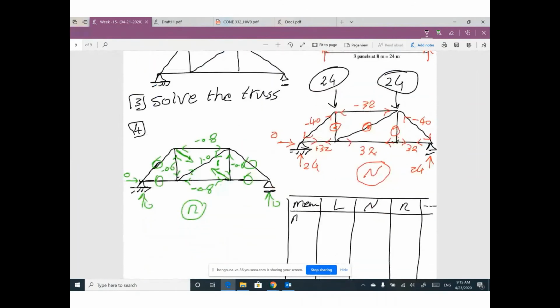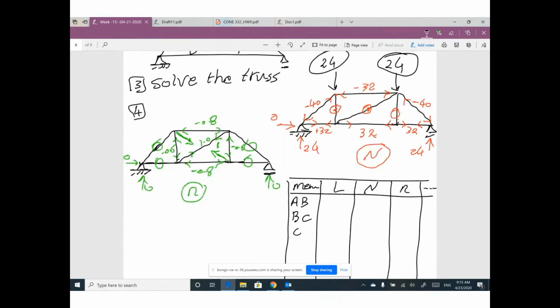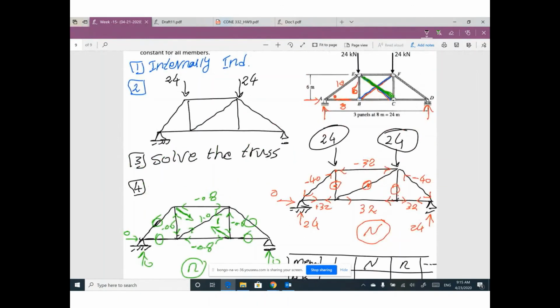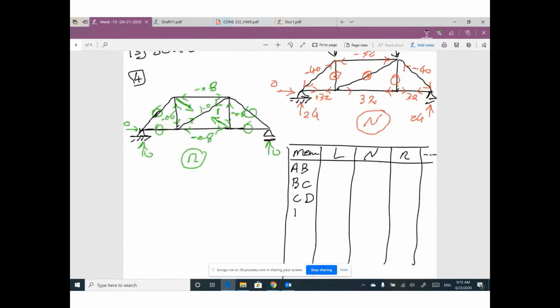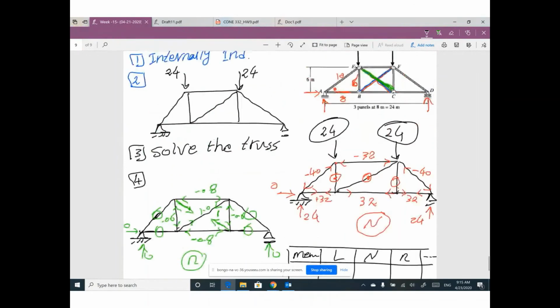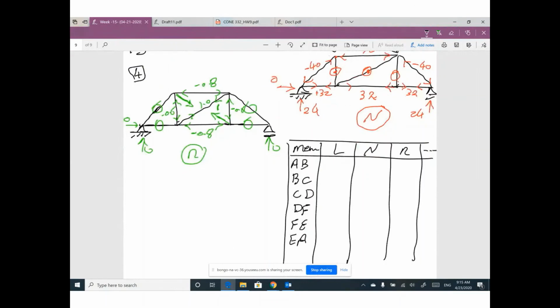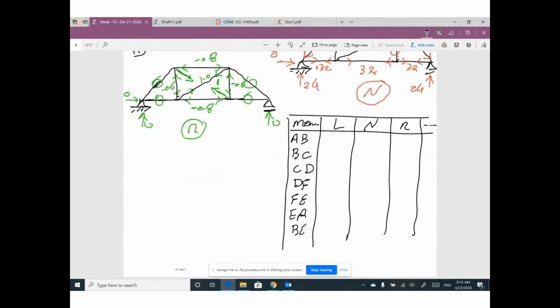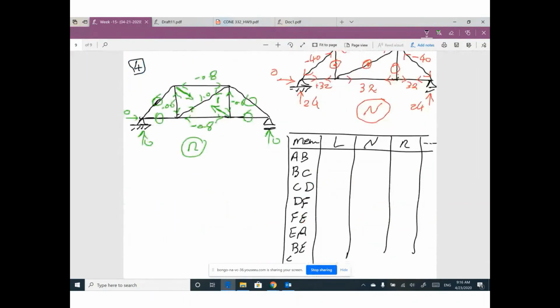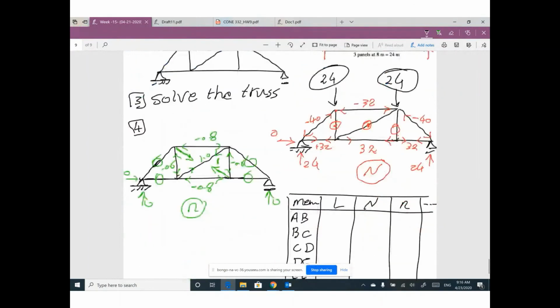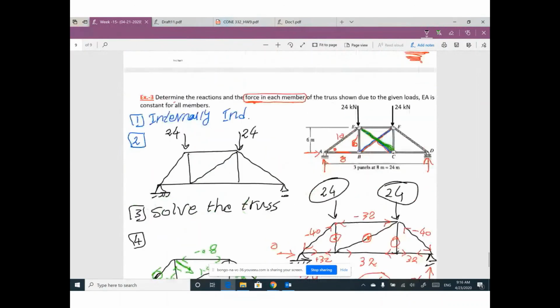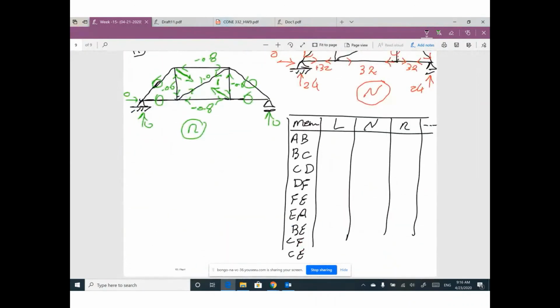AB, BC, CD, EF, FE, EA, EE, CF, and two diagonals, CE and BF. Guys, don't forget to put the member that you removed.